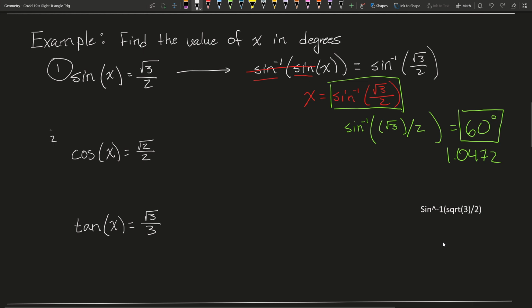So this second one, cosine of x is equal to the square root of 2 divided by 2. And we want to find the value of x in degrees, right? So if we're going to show our work, in order to undo that cosine, we have to take the cosine inverse of both sides.